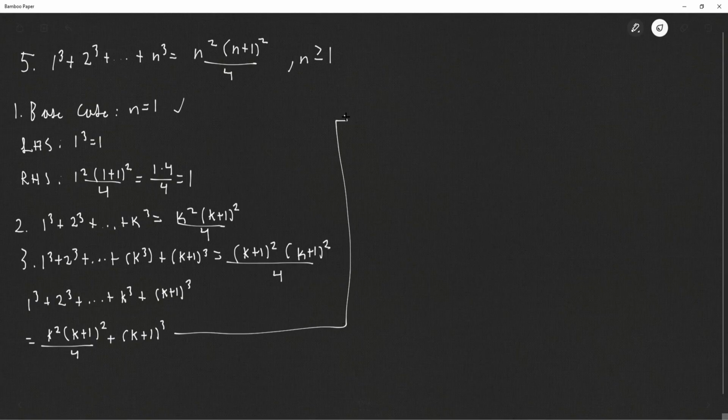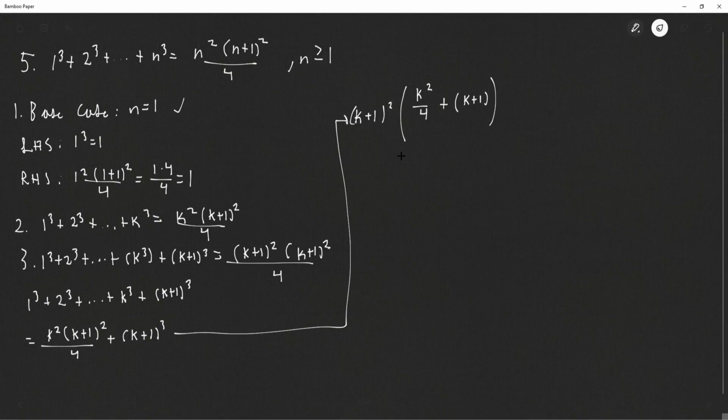So now bringing this over here, we're going to have an expression involving k and k plus 1 only. By doing this, we're going to factor out k plus 1 squared. So this gives us k plus 1 squared multiplied by k squared over 4 plus k plus 1.